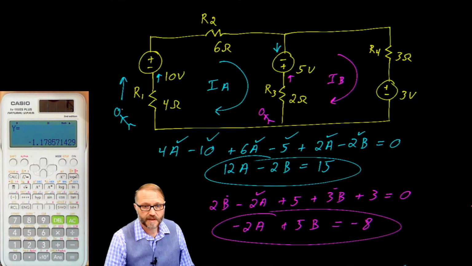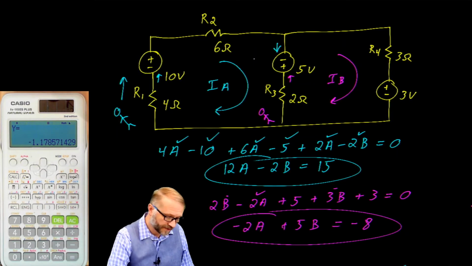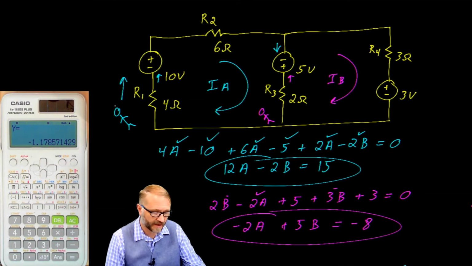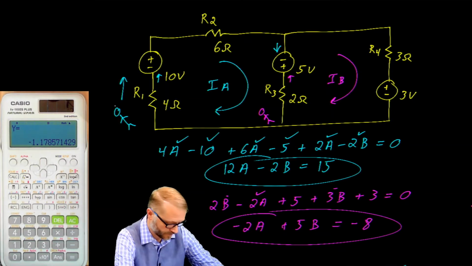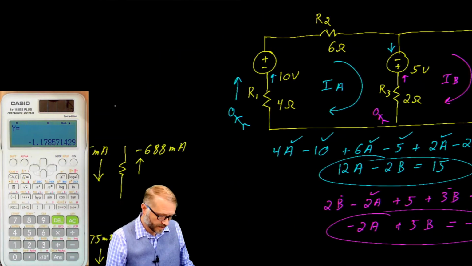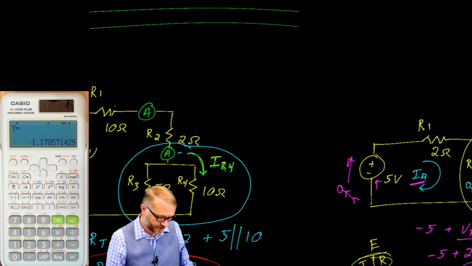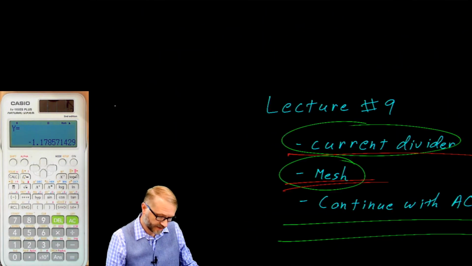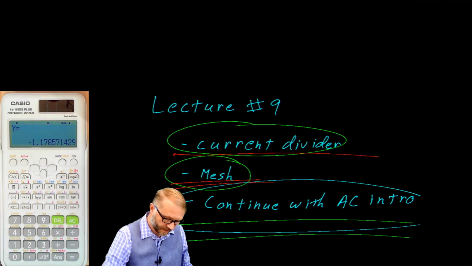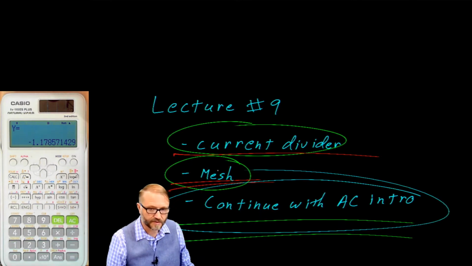As we work these problems, I would encourage you to be consistent with them. Always make your loops in a clockwise direction and always start in the lower left-hand corner. That was mesh. And now we can move on to our introduction to AC.